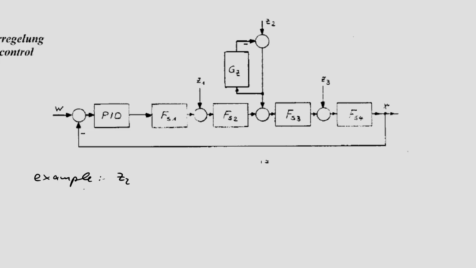In the case that Z2 is a change of supply voltage. Very often the loop, the actuators and so on are supported with active additional supply voltage. And if this supply voltage comes out of an AC connector, for example in our heating, in our temperature control system, the heating power depends on the voltage of the power plugs.